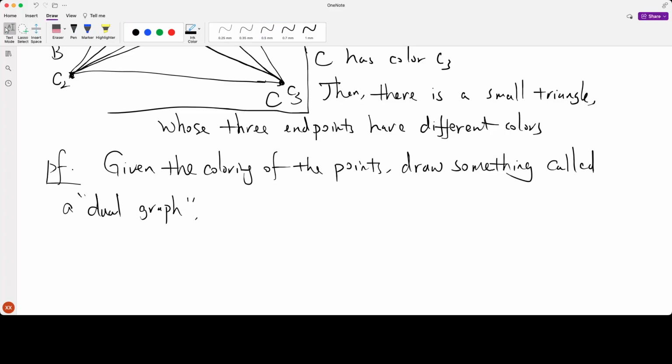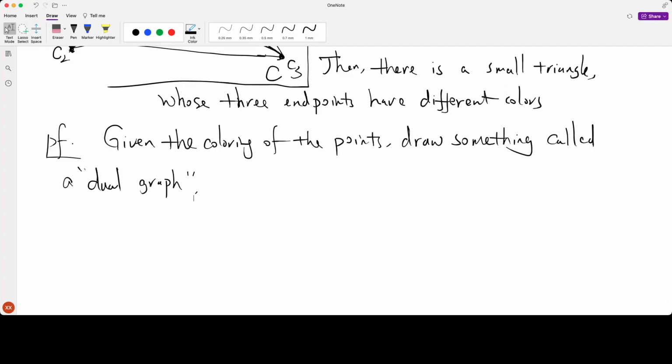So how to define it? But it's not completely the same thing. It's a little variation of the standard dual graph. So what do we do? For example, let's observe a local situation. Suppose we have 2 triangles like this. If we find C1 here and C2 here, we will draw.